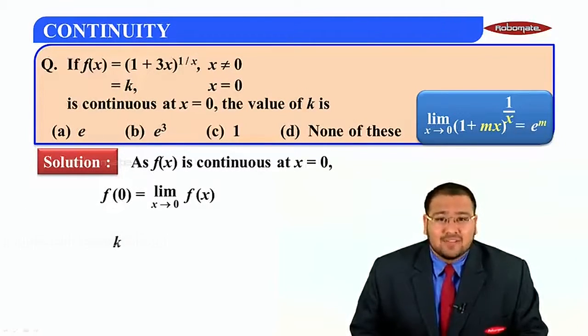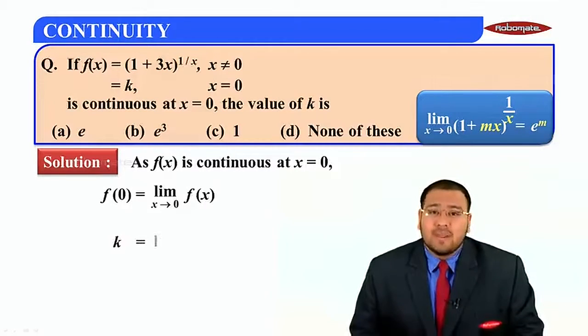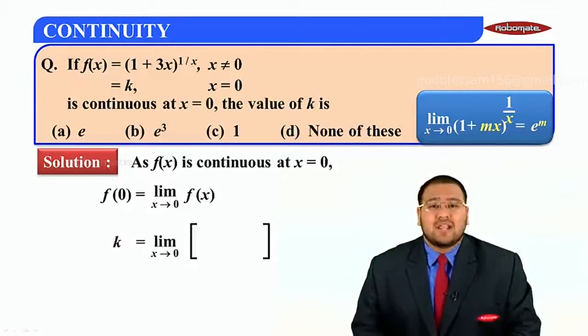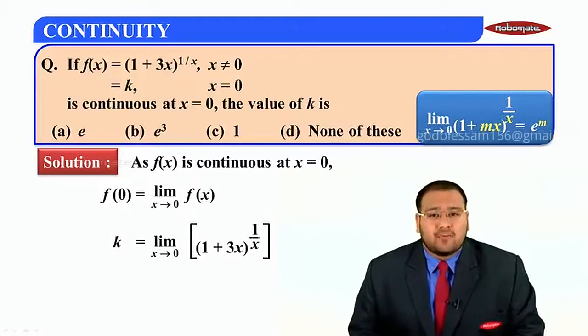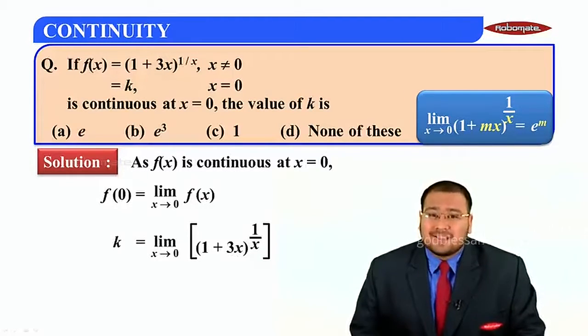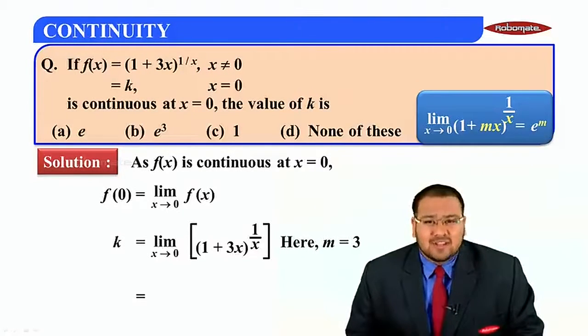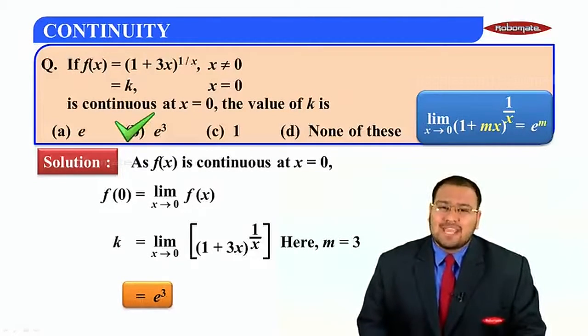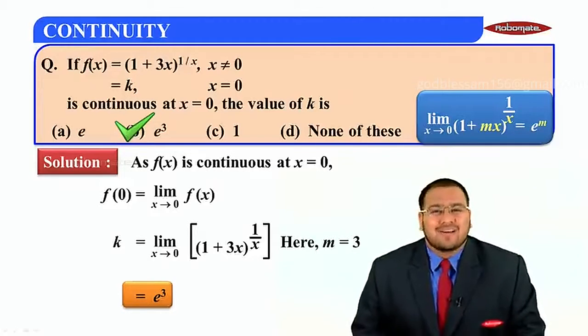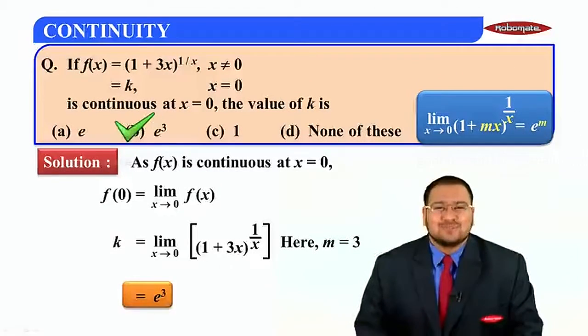So in this case, f(x) would be replaced with the limit x tending towards 0 of (1 + 3x)^(1/x). Here, m is 3. As a result, the value would be e³, and hence option B is the correct answer.